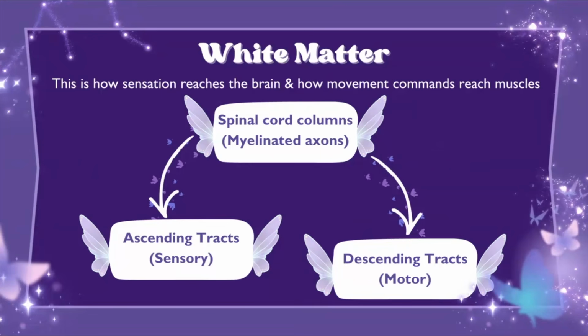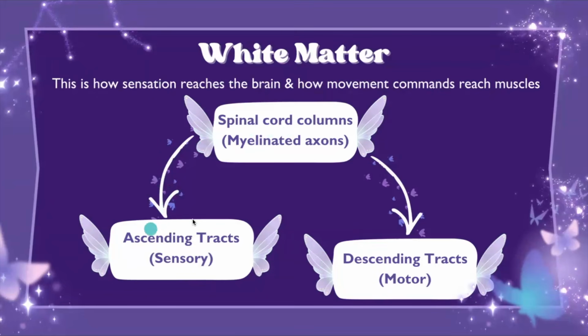These sensations would go up through your spinal cord to the brain, and then they would go down the spinal cord as descending tracts to give you an order to move your hand, right? It would send a signal to the muscles to move your hand. So all of these tracts are how the sensation reaches the brain and how the movement commands reach the muscle. Okay.